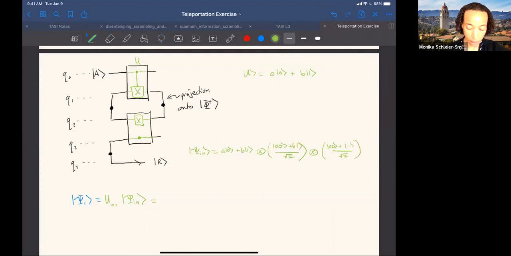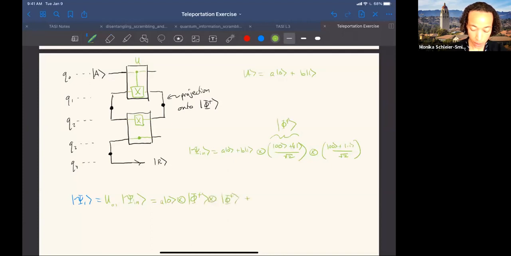Okay. And so, for example, when I act with this first unitary, this top unitary operator that is a C0, nothing is going to change if Alice's qubit is in the 0 state. So we have a component that's A|0> cross phi plus, cross phi plus.